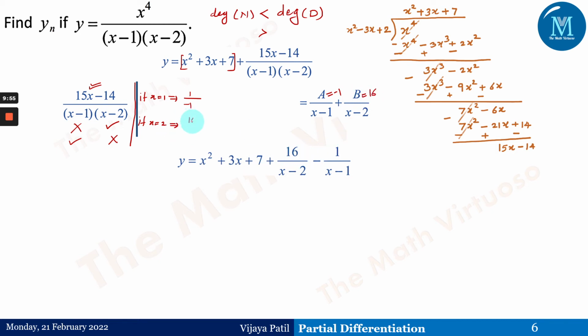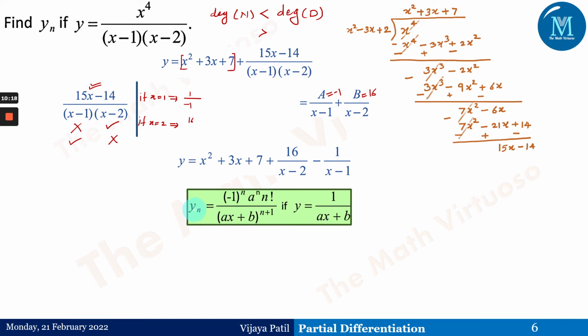Therefore, y is equal to x square plus 3x plus 7 plus 16 upon x minus 2 minus 1 upon x minus 1. So we have separated this particular y function.